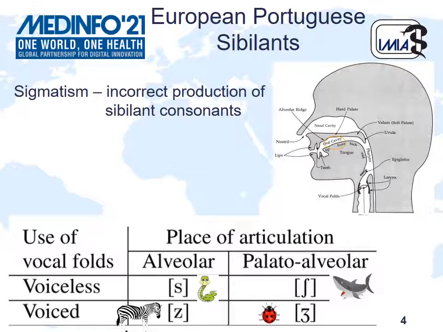For instance, they can have difficulty distinguishing when to produce s and when to produce z, because the place of articulation is the same, but they just differ on the use of the vocal folds.